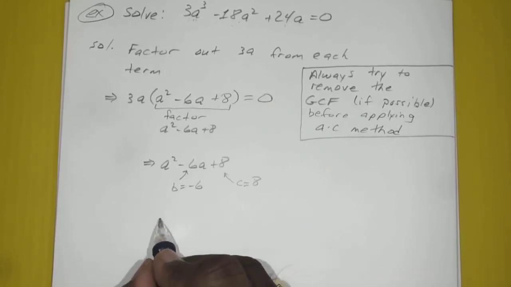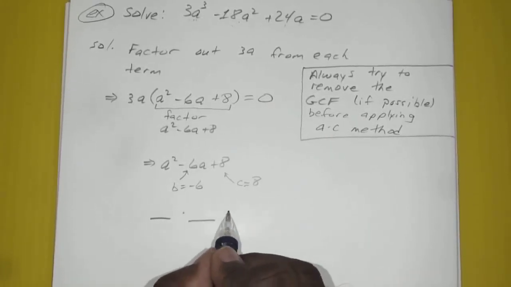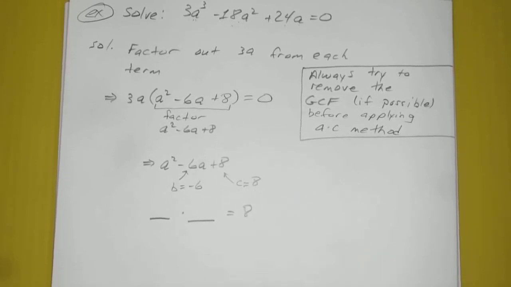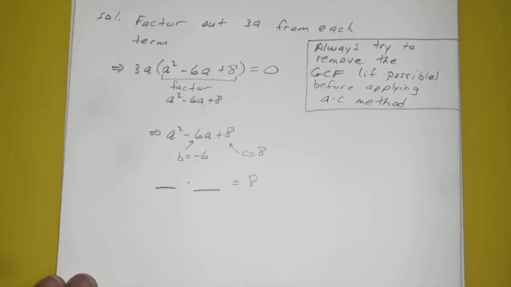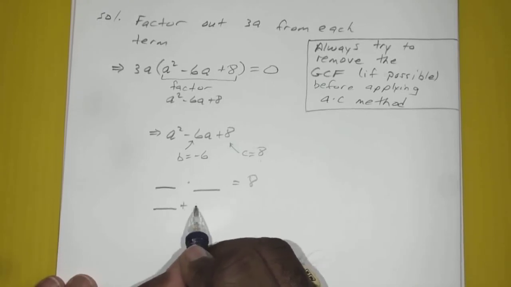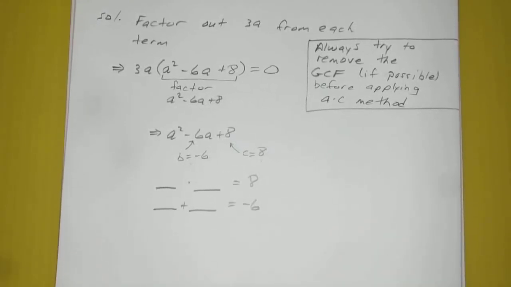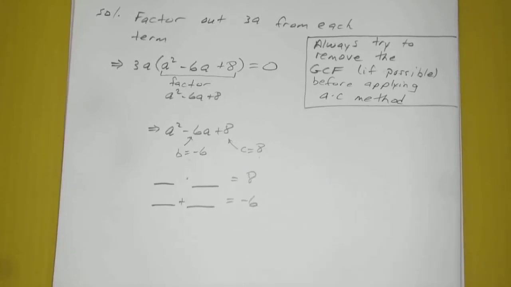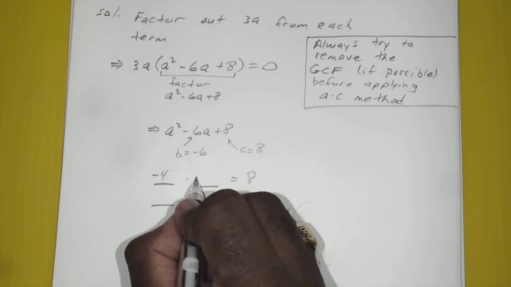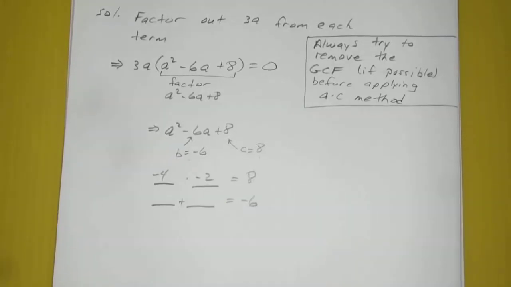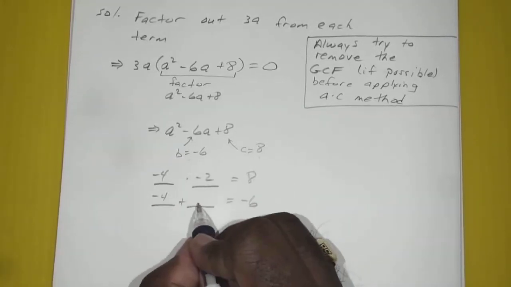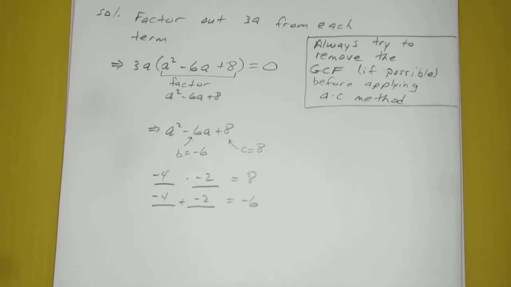So that means we have to find two numbers that multiply to equal your c, and those same two numbers add to equal your b. Yep. So 4 and 2 gives us 8. But we see that when they add, they have to be negative, so you just make both of those negative, and it should work. So you have negative 4 times negative 2 is positive 8. And negative 4 plus negative 2 is negative 6.